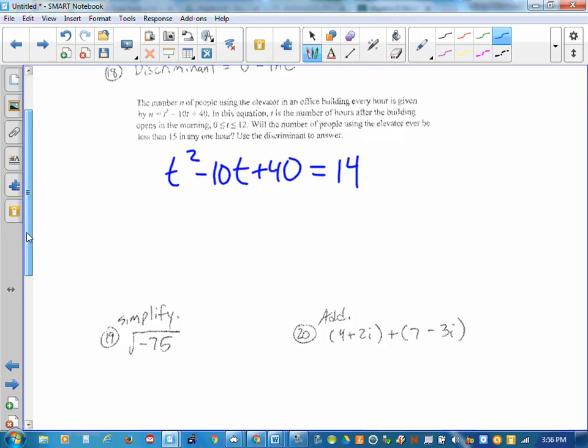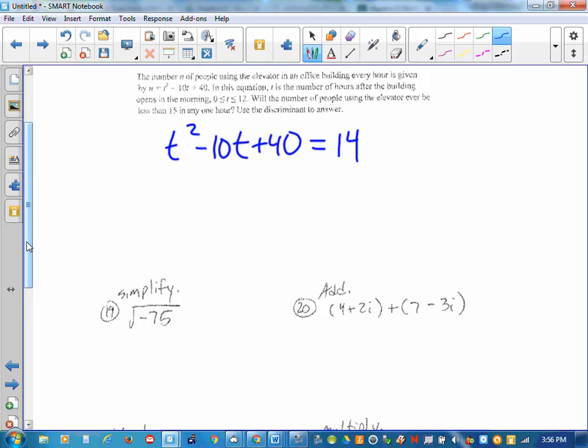So we are going to do the discriminant test on this to see if the discriminant is positive or negative or 0. I'm going to subtract 14, and I get t squared minus 10t plus 26 is equal to 0.